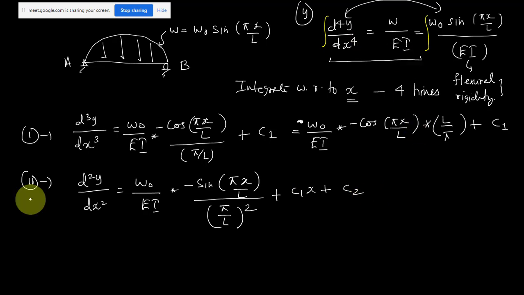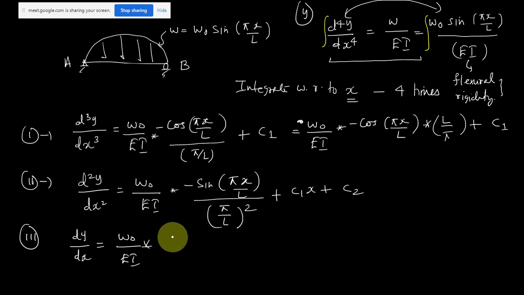Now you have to integrate one more time to get dy by dx. If you do the third integration, you will get dy by dx equal to this, straightforward. There is no confusion, you just have to keep on integrating. So minus sine of pi x by l, what is the integration of this one?